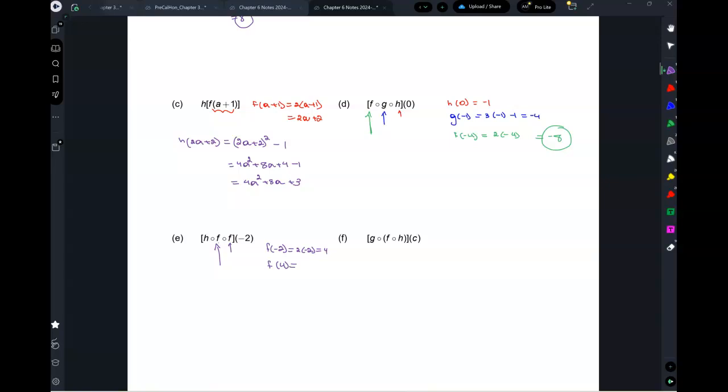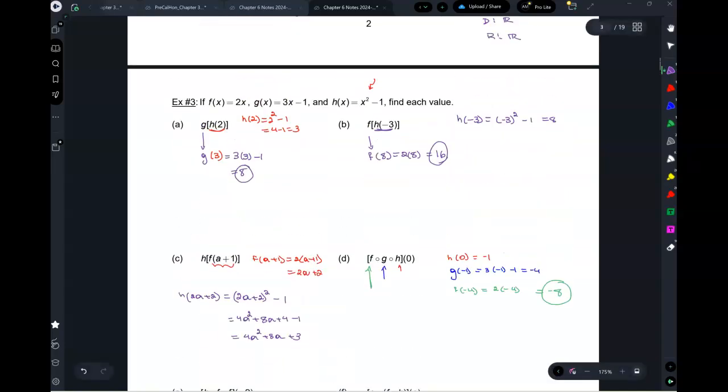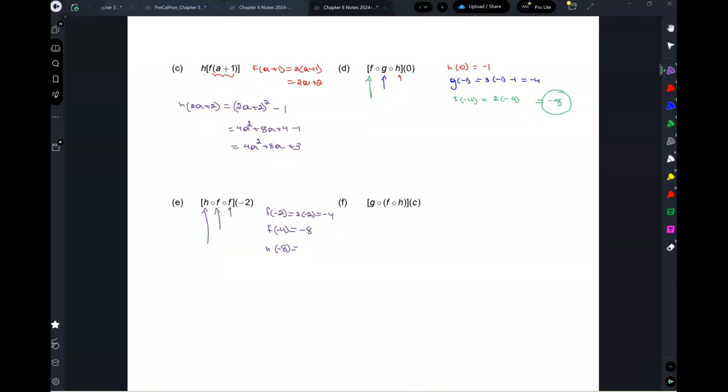Oh, no. Sorry, this was negative 4. Oh, got carried away there. F of negative 4 is negative 8. And then the outermost one, h of negative 8, negative 8 squared minus 1, 63.